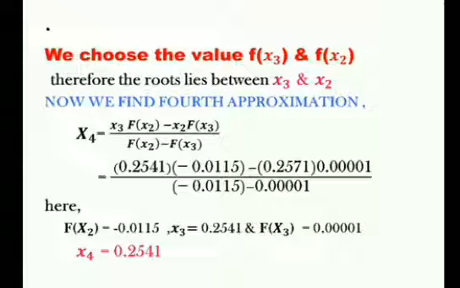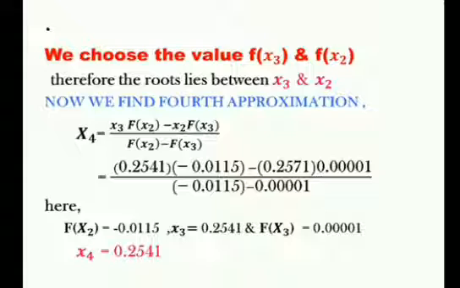Now we substitute the values here. We get x4 is equal to 0.2541 into minus 0.0115 minus of 0.2571 into 0.00001, whole thing divided by minus 0.0115 minus of 0.00001.